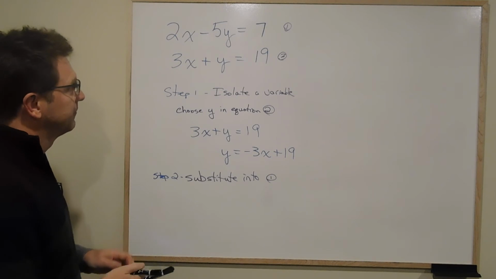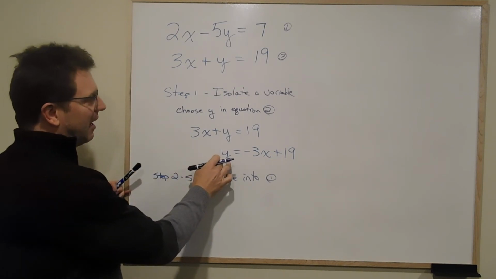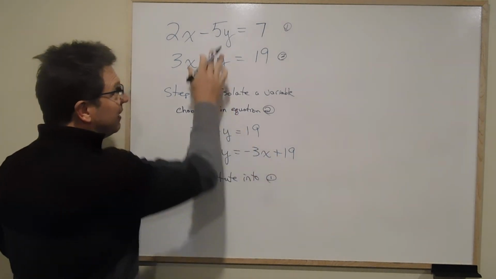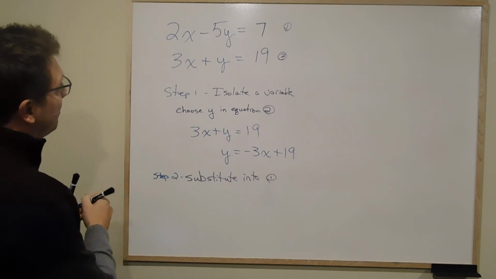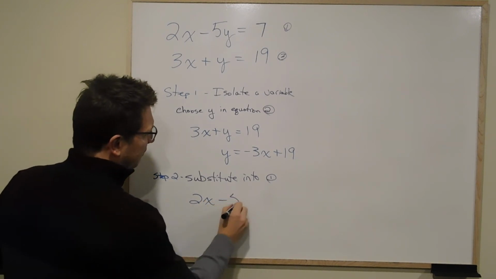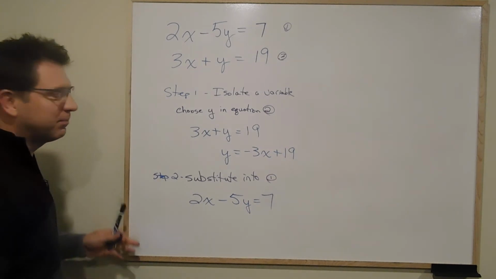Well, we literally say, I'm going to put this value of y into equation 1. So I'm going to take equation 1 and rewrite it: 2x minus 5y equals 7. Remember, it's a process.